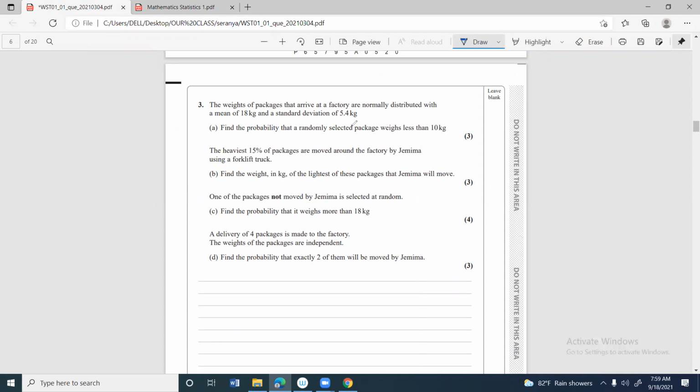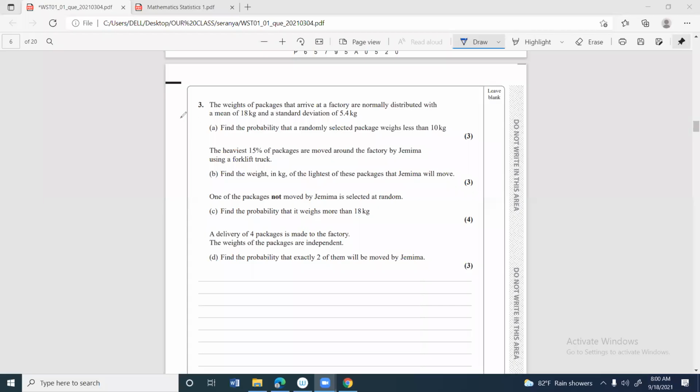Find the probability that a randomly selected package weight is less than 10 kilograms.